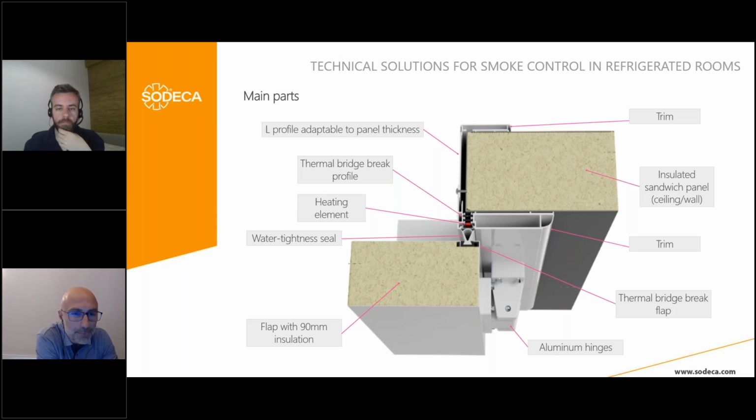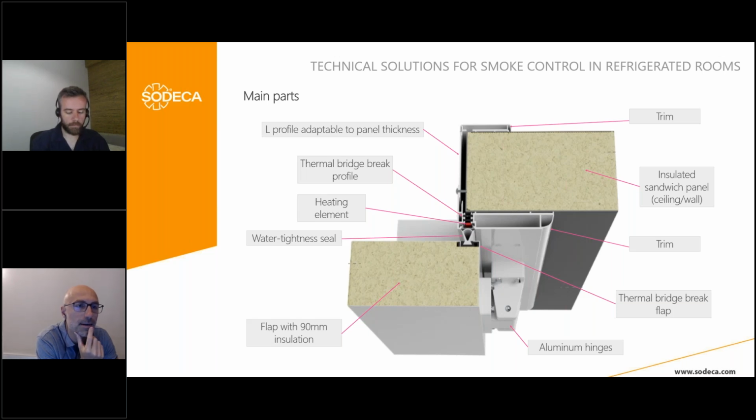The flap damper has this thermal break in the flap, but also the profile that is connected to the panel has a thermal break profile. And here you can see the perimeter heating element.